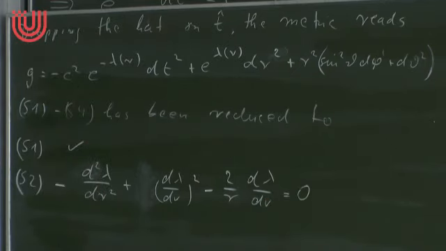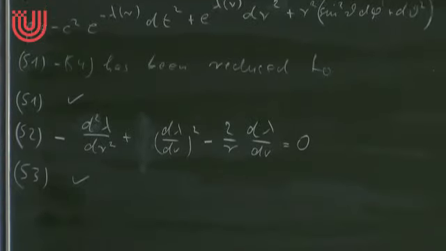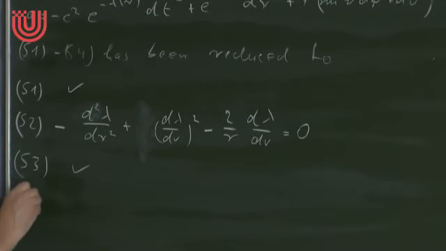Well, S3 is the same equation where we had in S2 as a term nu, we have in S3 minus lambda, but the two things are the same. So S3 gives no further information. It's automatically satisfied. And S4 gives something.